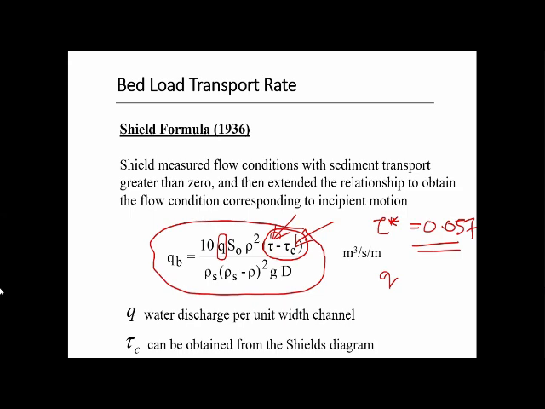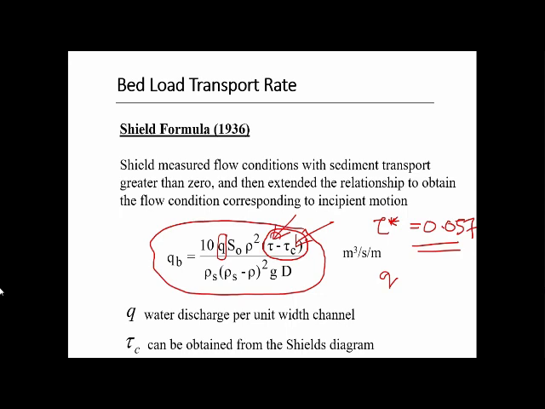Don't use Meyer-Peter here. Because this is a Shields formula, you have to use the Shields incipient motion criteria, unless it is stated otherwise, then you can use the other formulas, like Meyer-Peter, or what we learned last week. I don't remember anymore. What did we learn last week on the incipient motion?